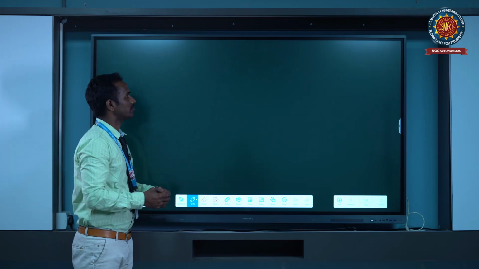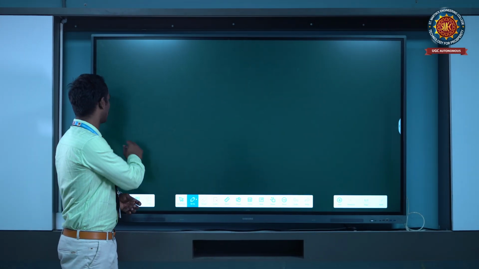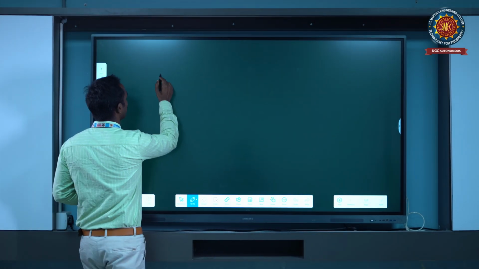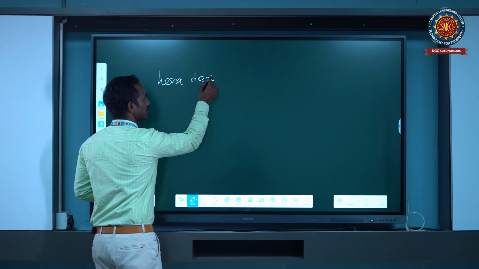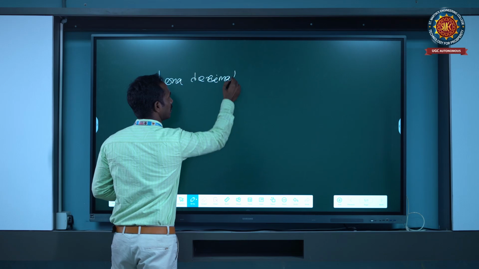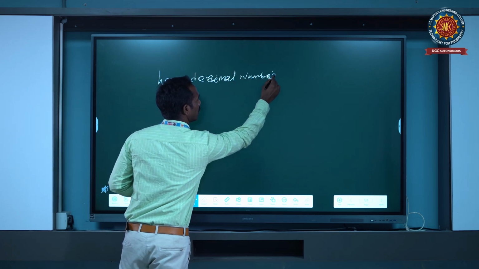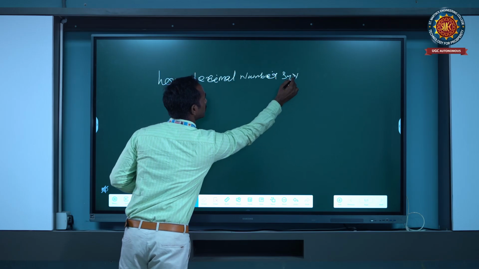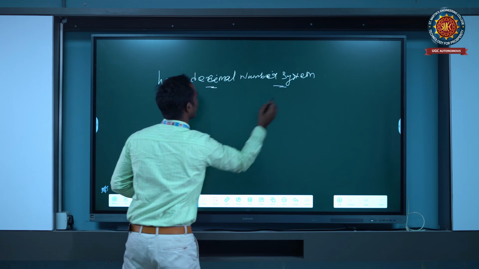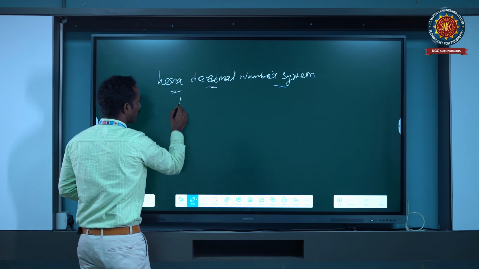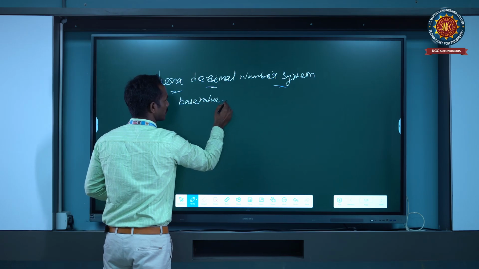The hexadecimal number system has the base value 16.